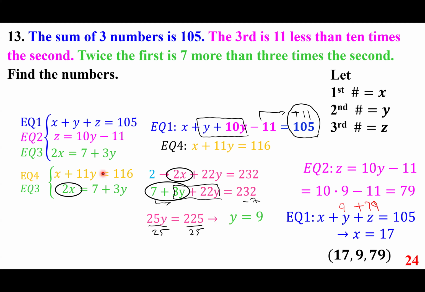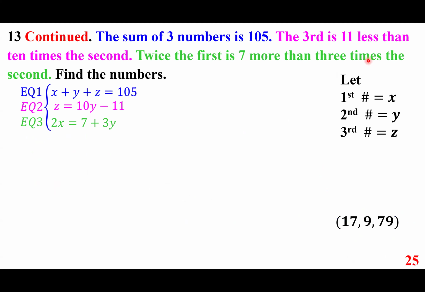I want to remind you about using matrices. So if I go back to the same question, everybody, again, we did define our variables. We did come up with our equations. And now all we have to do is use matrices. The augmented matrix would be 1, 1, 1, 105.